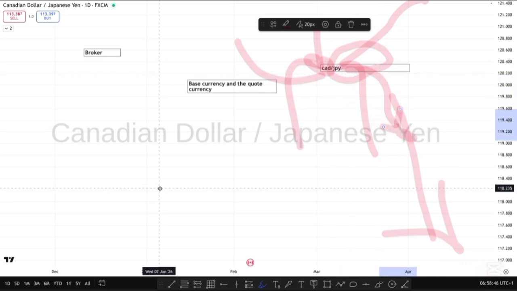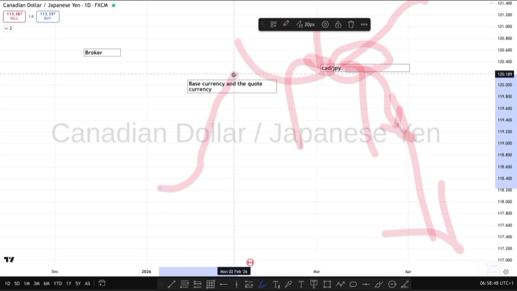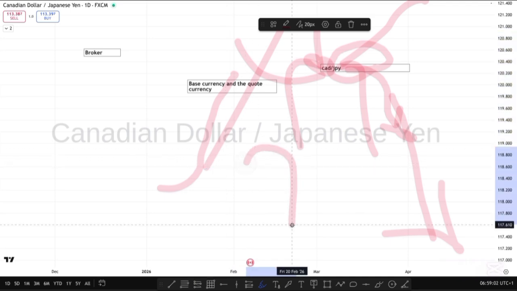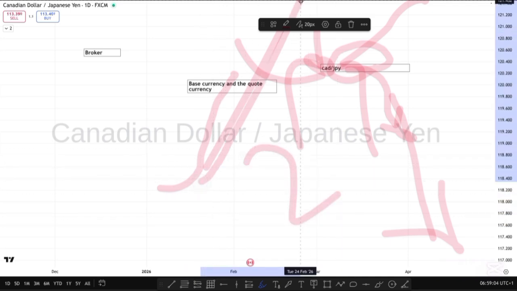But when you observe the chart and see that the market is bullish, buying, moving up, what that tells you is that the Canadian dollar is seen by investors to be currently stronger than the Japanese yen, and so you have a lot more persons selling Japanese yen to buy Canadian dollar. And so the base currency is always stronger when the market is bullish.